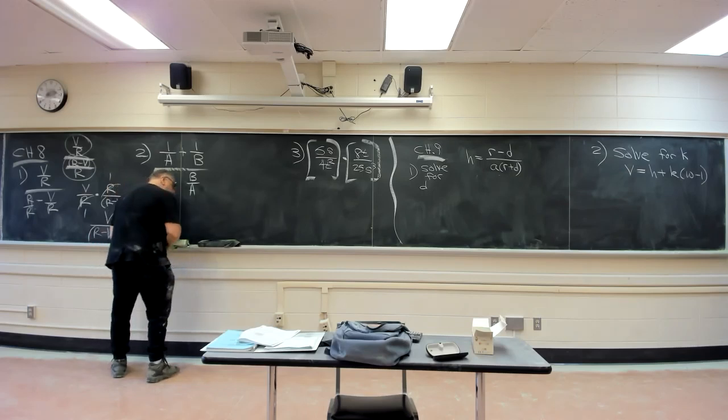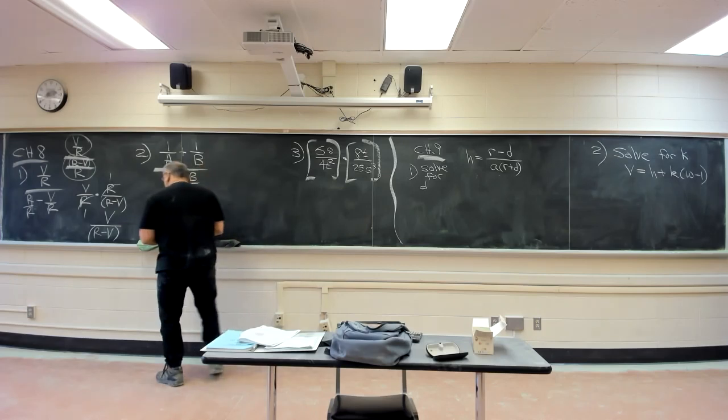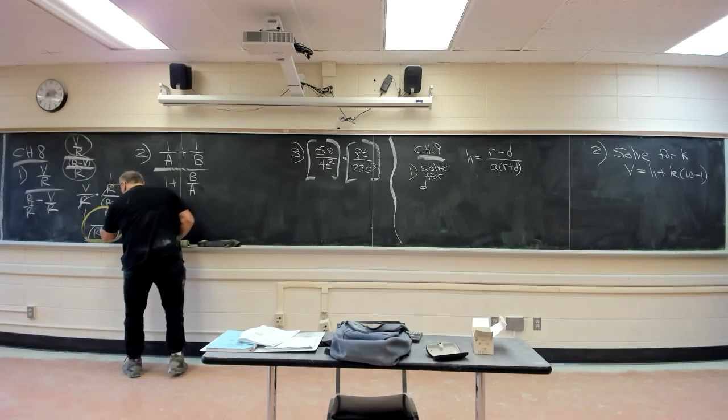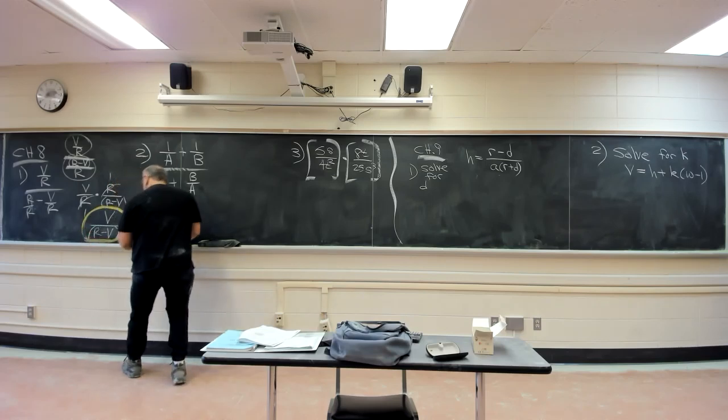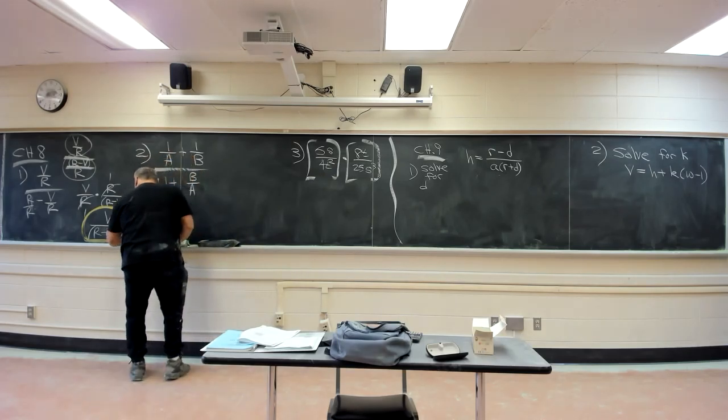You don't have to have those parentheses there, I always put them there. You guys know that by now. But this is the final answer. So that's that. V over the quantity r minus v will make that work.